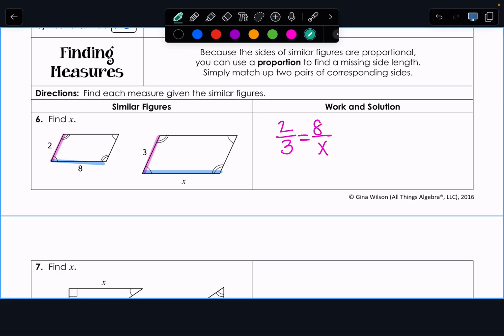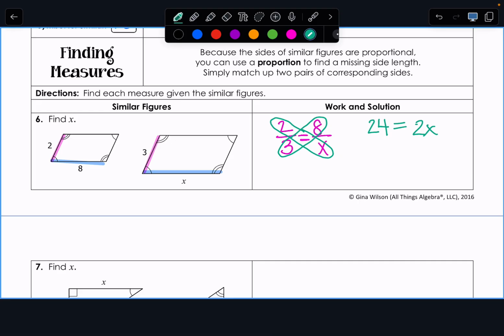You know what? I think you're really going to be okay with this. Okay? Watch. Is that the butterfly? No. What's 3 times 8? 3 times 8 is 24. And what is this? 2 times x means 2x.